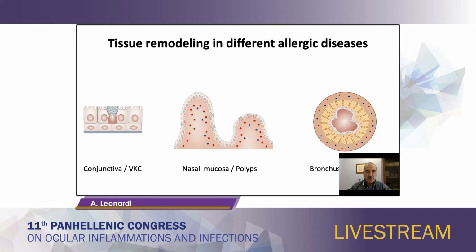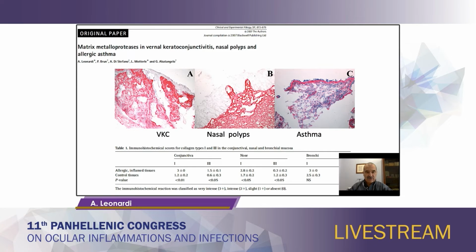Then we compared tissue remodeling in different allergic diseases, particularly VKC, nasal polyps, and asthma, and found that there were similarities, but also differences in collagen deposition between VKC, polyps, and asthma.